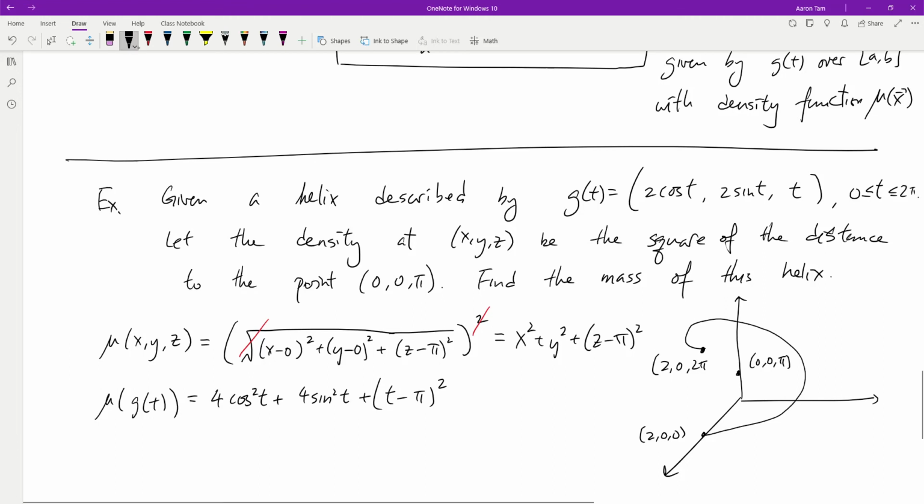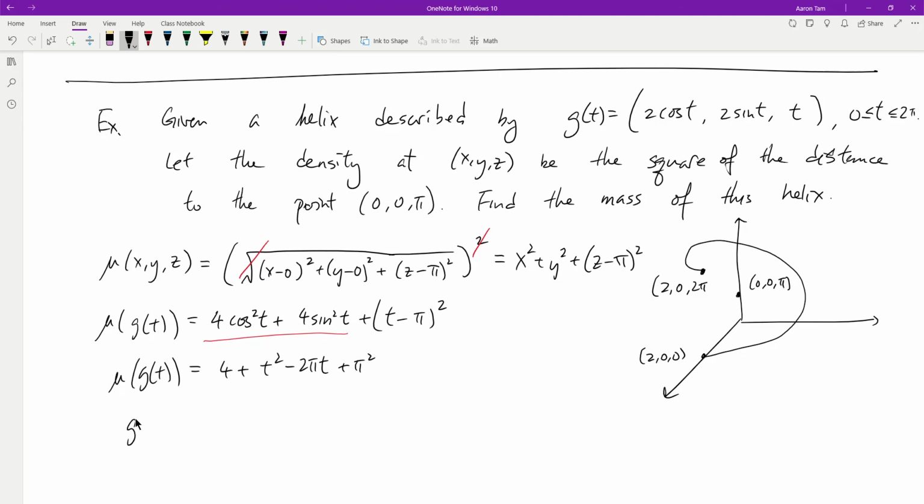Hopefully you recognize that these two terms form the Pythagorean identity with a 4 coefficient, so it just becomes 4. I'm going to draw a line. Plus this thing squared, so I'm just going to multiply it out. That would be t squared minus 2πt plus π squared. So that's what the density at g of t is going to look like.